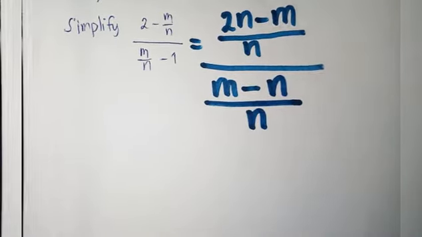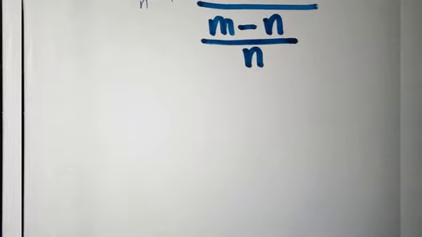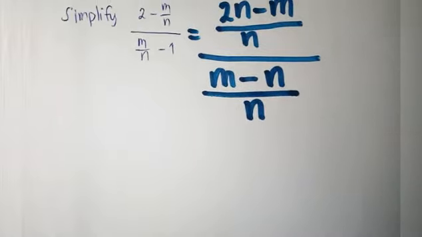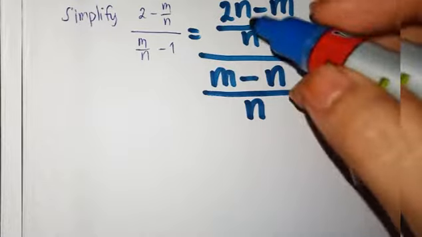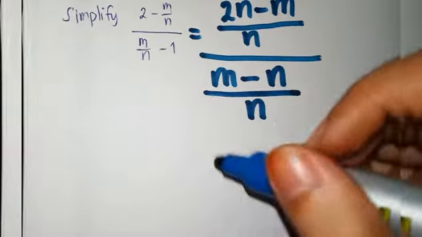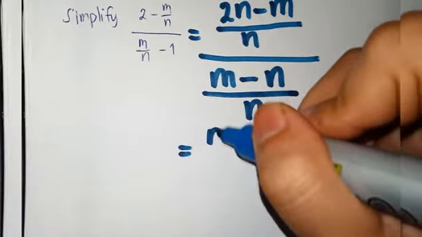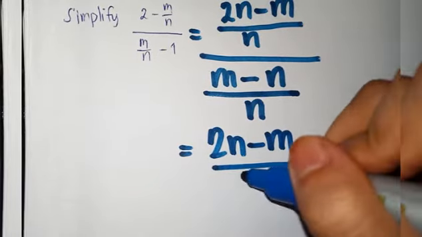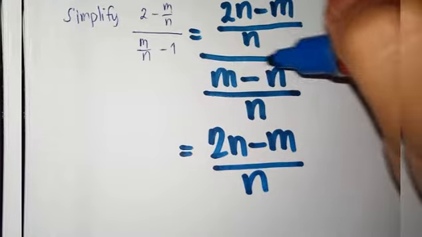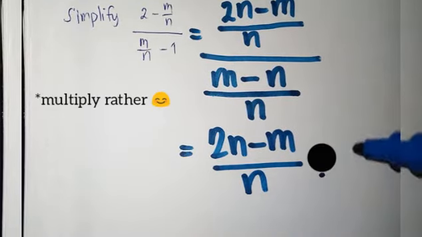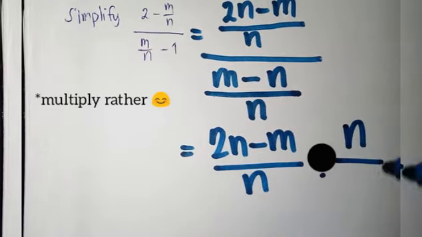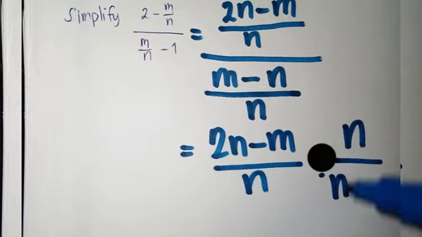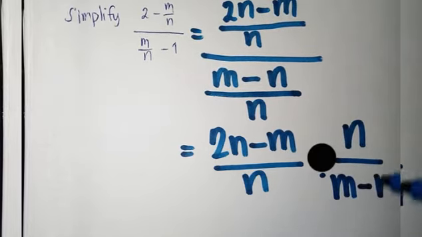So, after yan, kukunin muna natin yung kanyang reciprocal bago natin siya i-factor. Ang magiging itsura niya, we have 2n minus m all over n. Kunin natin yung reciprocal nito, so i-divide na natin siya into n all over m minus n.